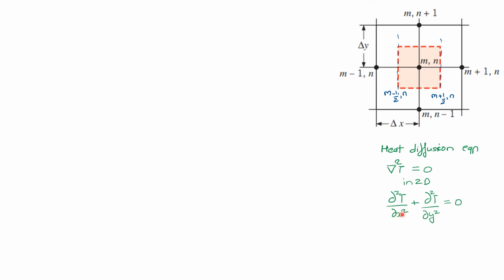Now we try to write an approximate form of del square T by del x square and del square T by del y square in terms of delta x, delta y, and the temperature of the nodes. That's the temperature of the neighboring nodes and the temperature of the node of interest.